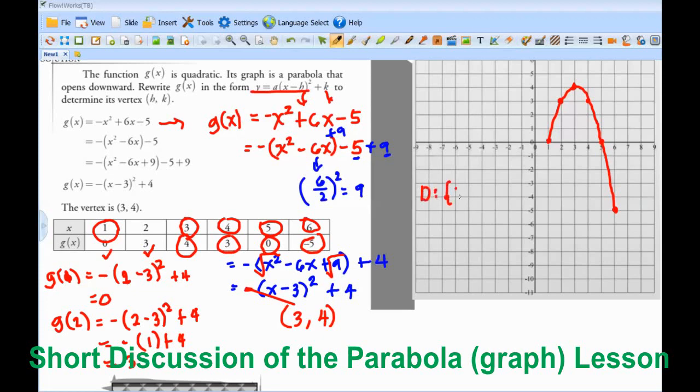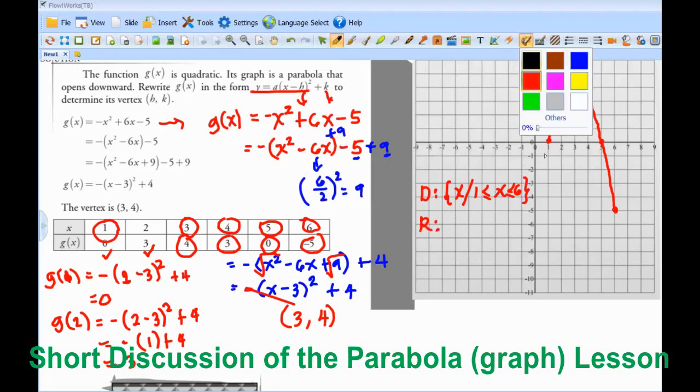The domain is the set of x such that x is from 1 until 6. But to get the range, we go from the lowest of this graph to the top of this graph. So this is the range.